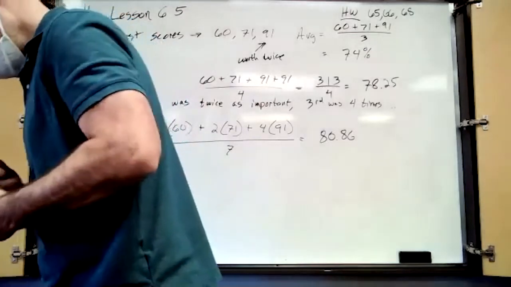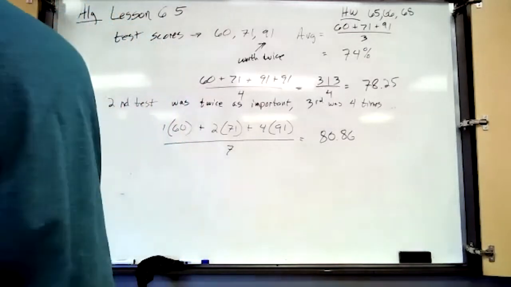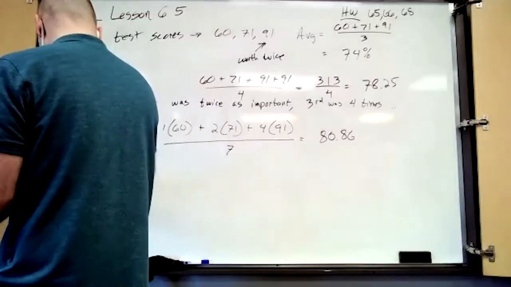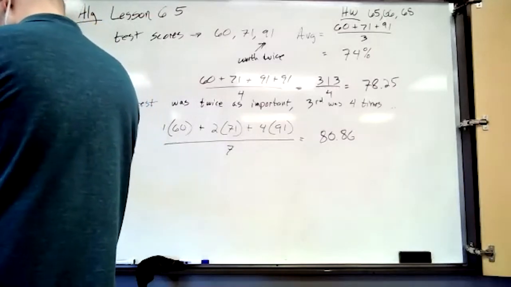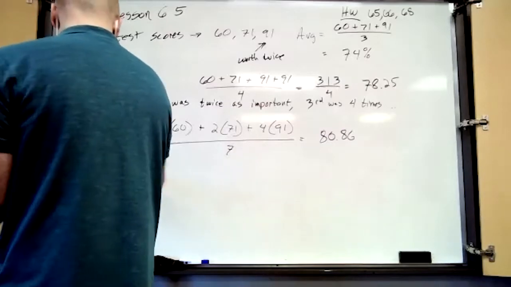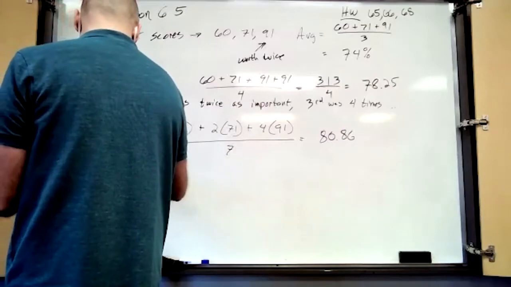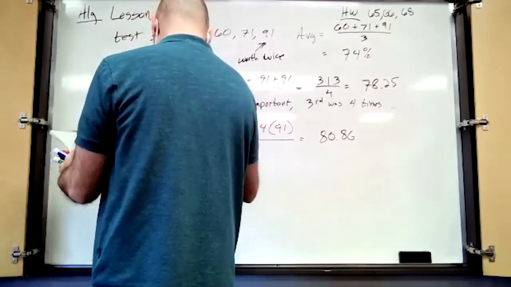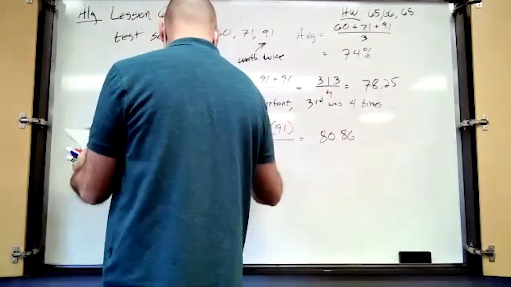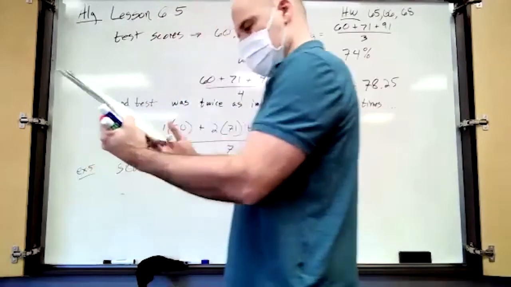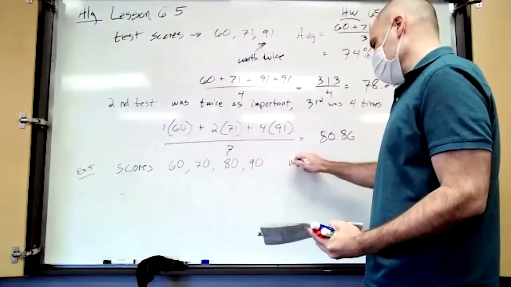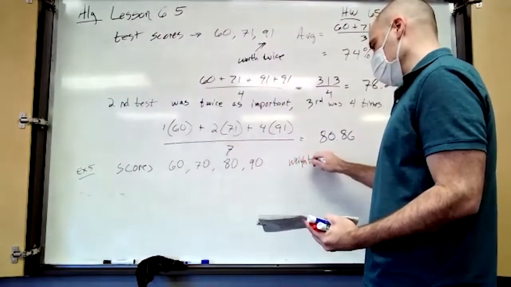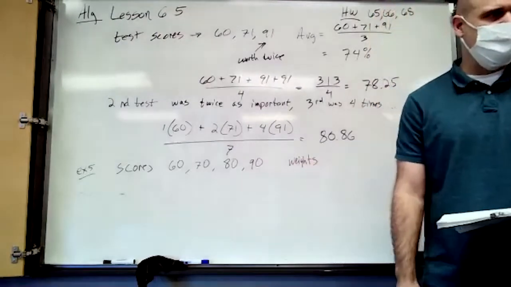All right. So here's example 5. So let's say we had scores 60, 70, 80, and 90. Let's say the weights of these scores respectively. What do I mean when I say respectively?